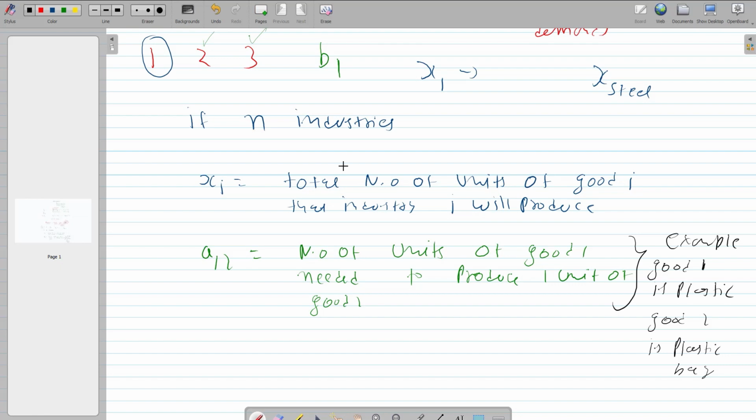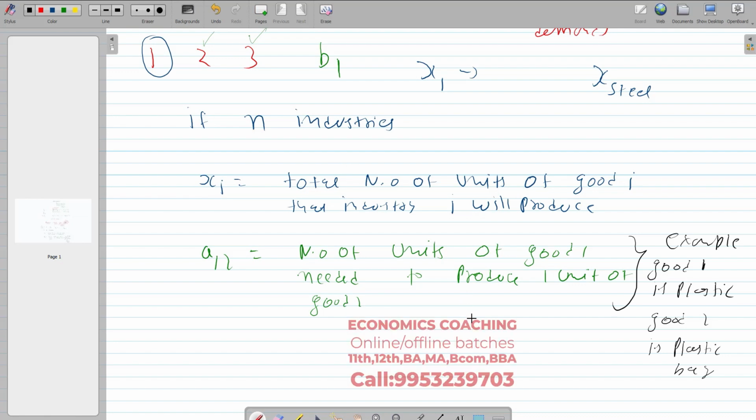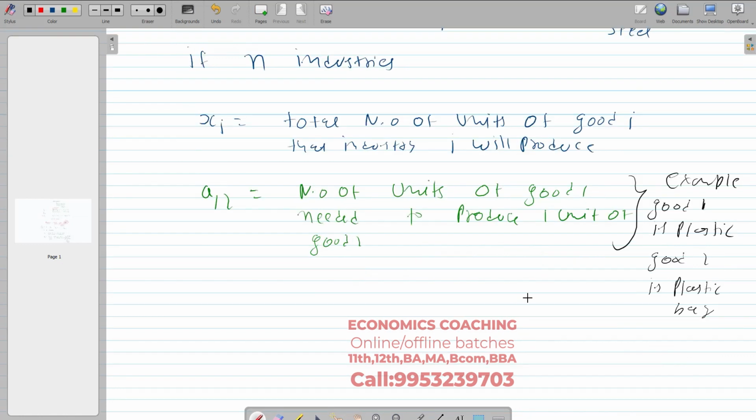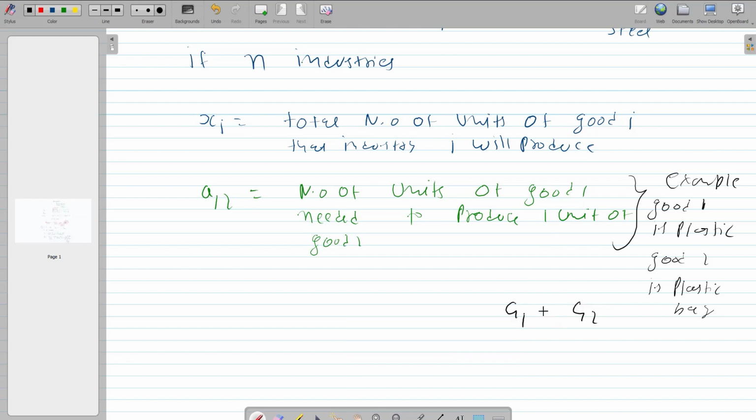Now again, let's say there is good one, which is G1, and good two, which is G2. The total production of good one is x1, and for good two is x2.